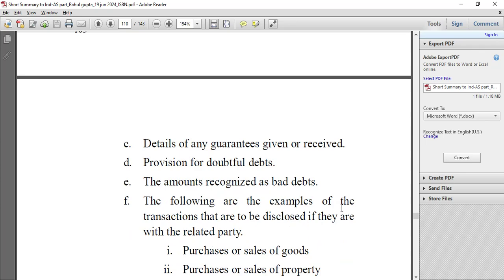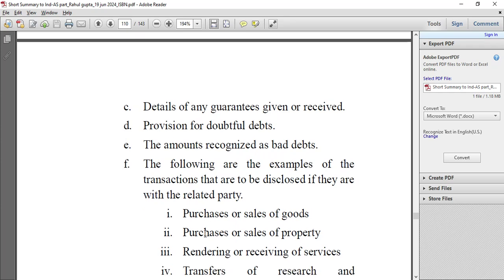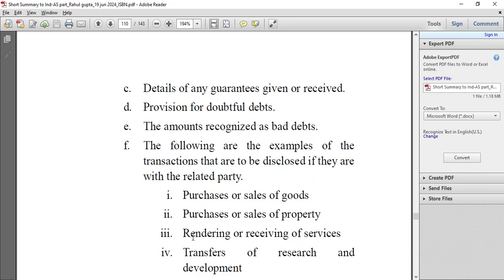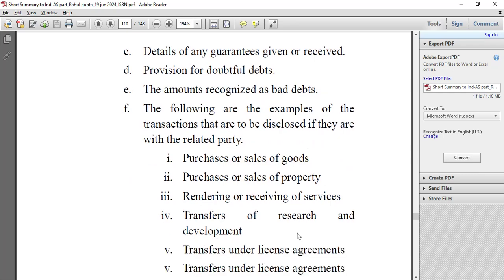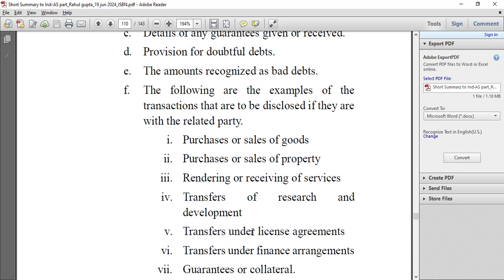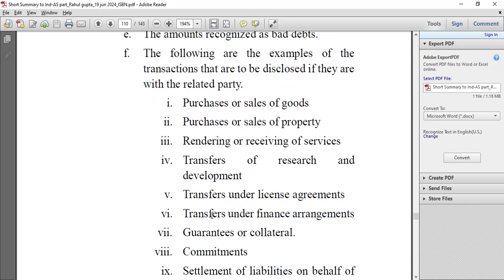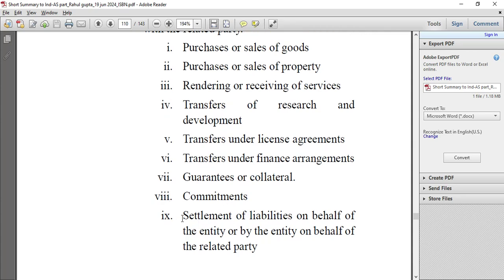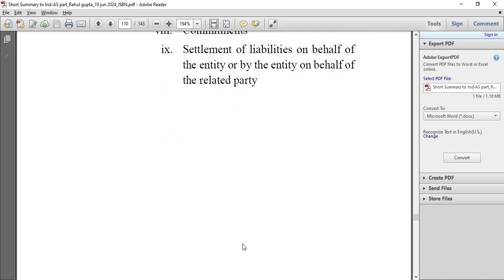The following are examples of transactions that are to be disclosed if they are with a related party: purchases or sales of goods, purchases or sales of property, rendering or receiving of services, transfers of research and development, transfers under license agreements, transfers under finance agreements, guarantees or collateral, commitments, and settlement of liabilities on behalf of the entity or by the entity on behalf of the related party.